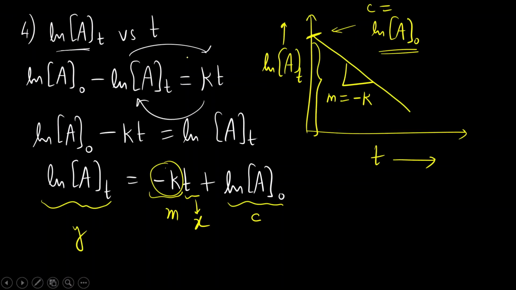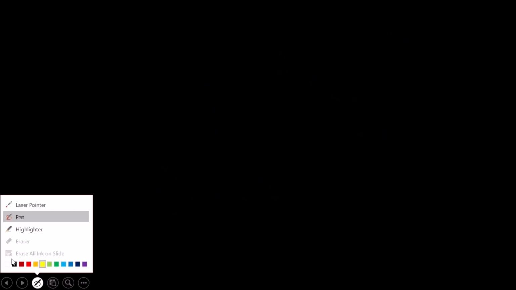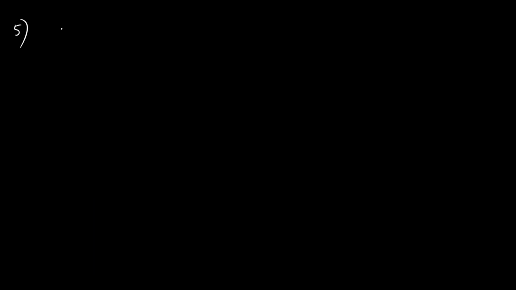Now we have to see one more graph, the fifth one. We have seen the rate, right? Rate is equal to k into the concentration of the reactant at time t. So we have to plot the graph of rate versus concentration of the reactant.